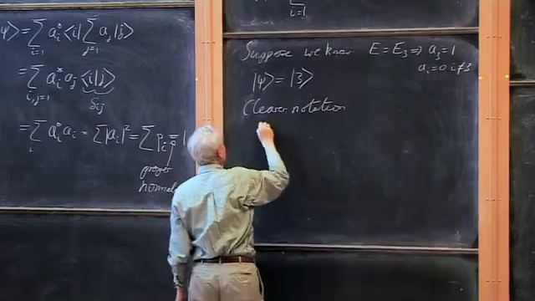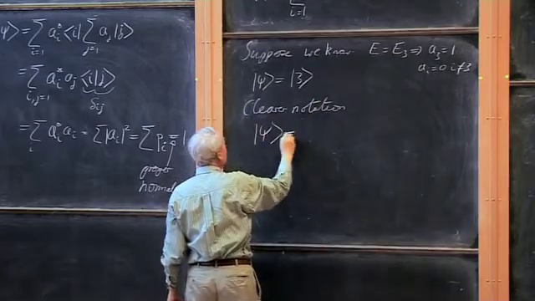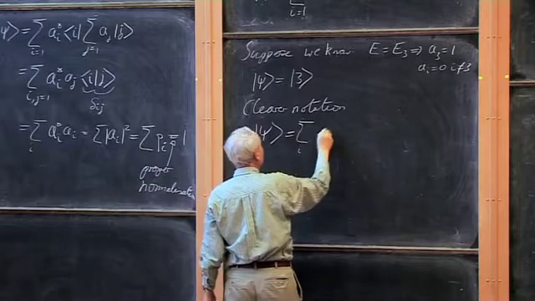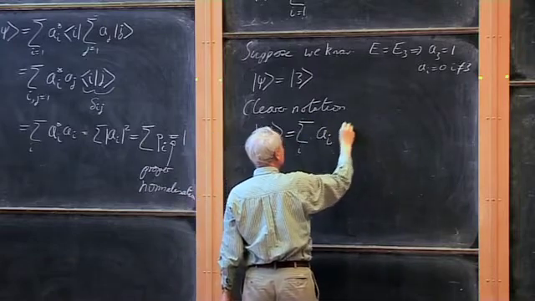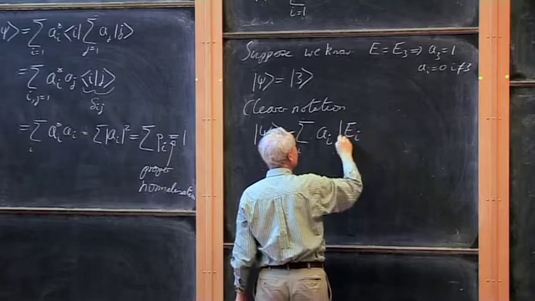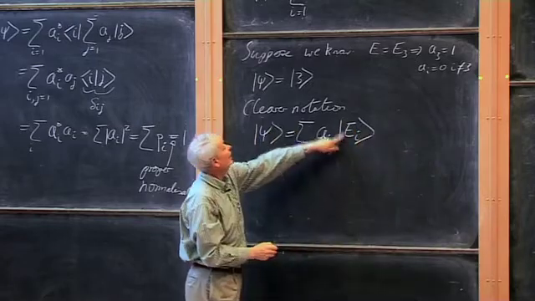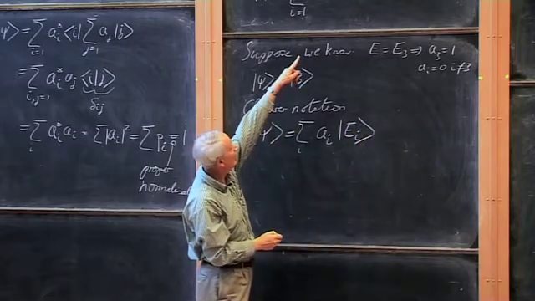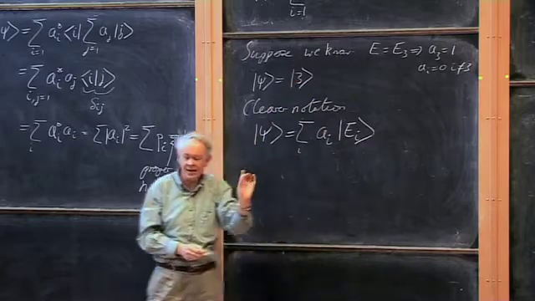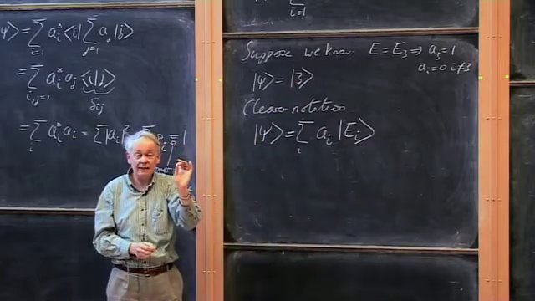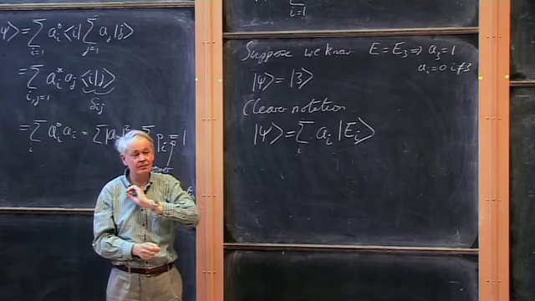So a clearer notation is to rewrite that as psi is the sum over i of A_i times |E_i>. This makes it clear what we've just established, that the thing |E_i> is actually the quantum state of definitely having energy E_i.